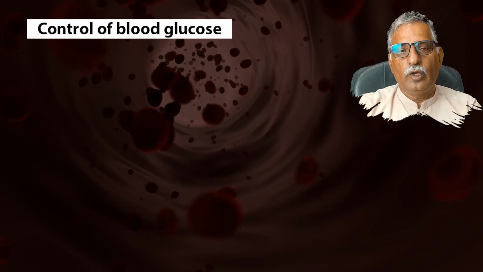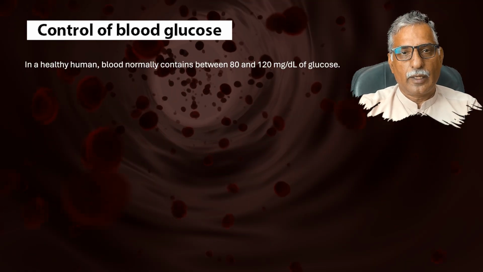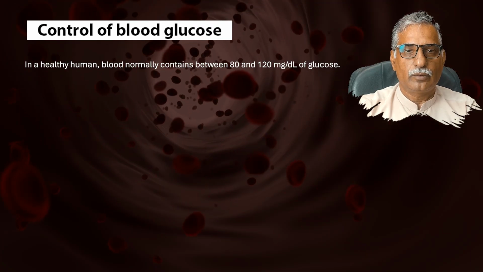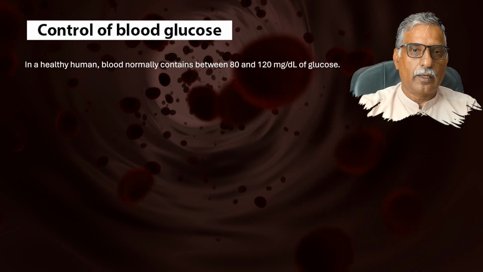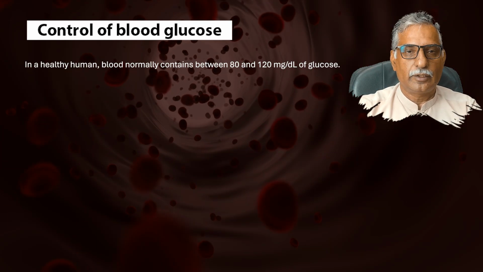So that glucose in the blood travels throughout the body, and wherever it is needed in the body cells, it is taken up, and its uptake may be increasing or decreasing depending upon the energy requirement of the cells or the tissues. Normally it is assumed that in the blood an average of 100 milligram per deciliter cube of glucose should be available, or its range is 80 milligram to 120 milligram per deciliter cube.